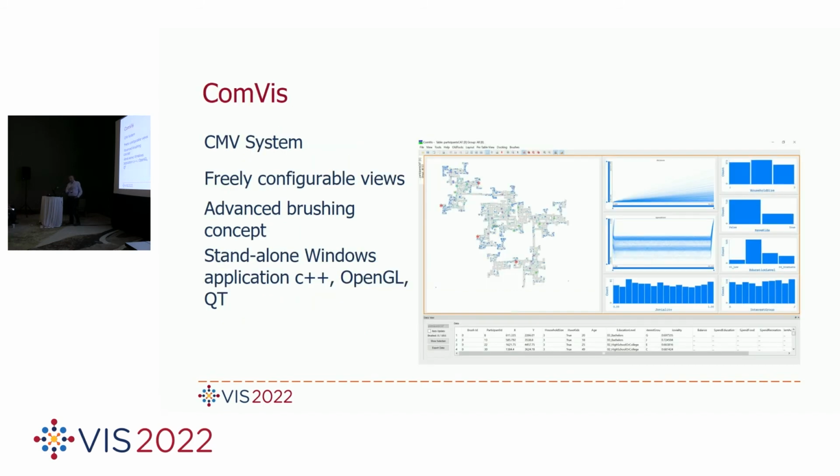So, as I said, Convis is our tool. It's a research prototype coordinated multiple view system. We can configure views freely, and we have advanced brushing. It is a standalone Windows application developed in C++, OpenGL, and Qt.